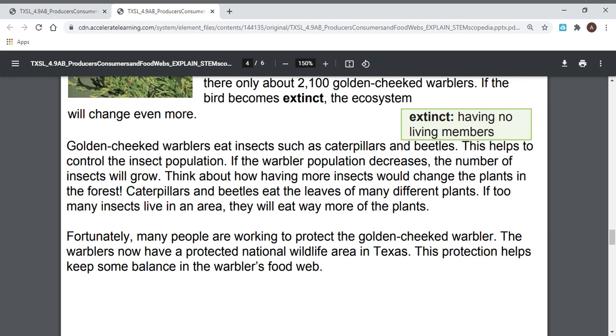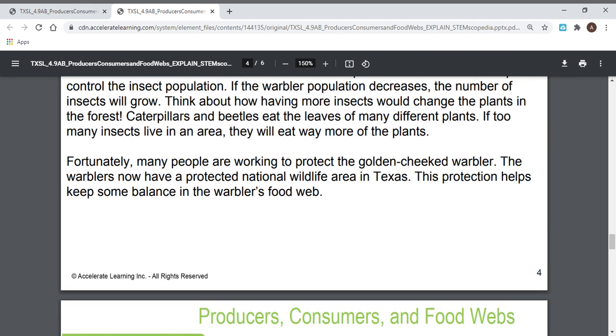This helps control the insect population. If the warblers' population decreases, the number of insects will grow. Think about how having more insects will change the plants in the forest. Caterpillars and beetles eat many different plants. If too many insects live in an area, they will eat way more of the plants.